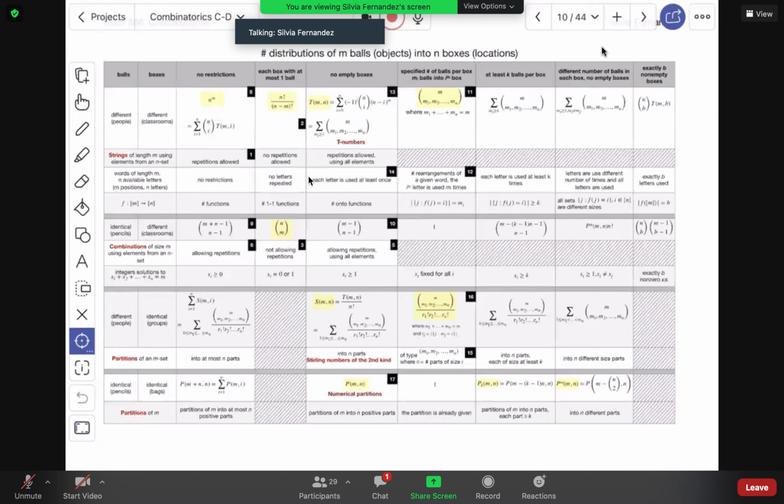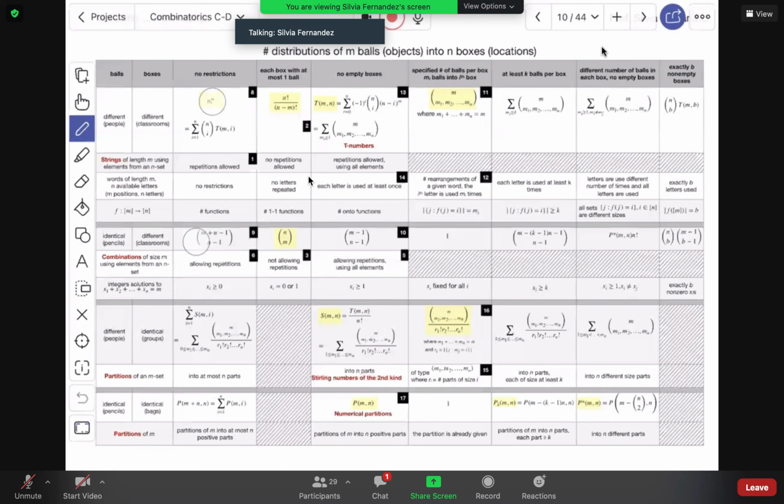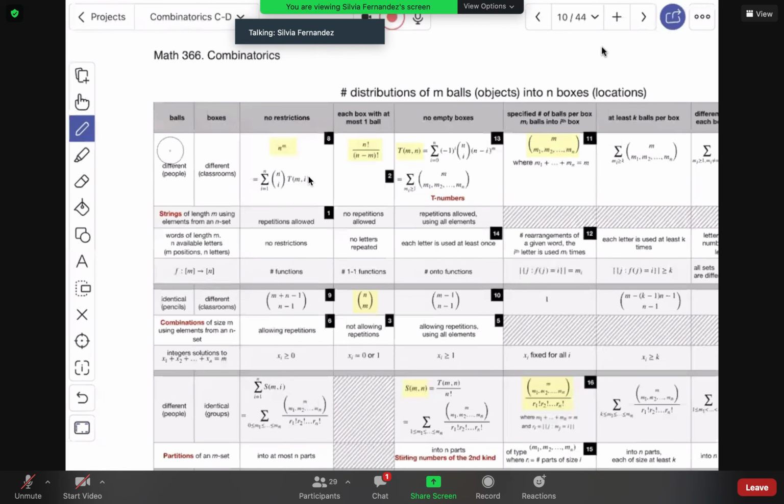I have a certain number of balls, a certain number of boxes, and if you want, it says so here, it's n balls and n boxes.